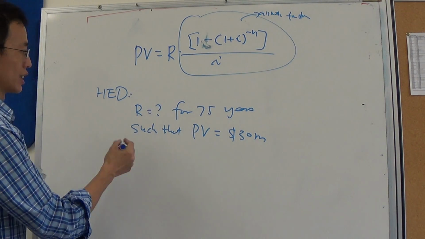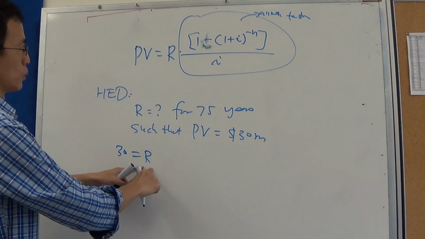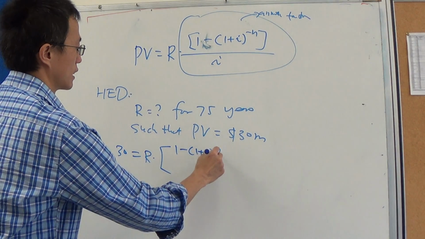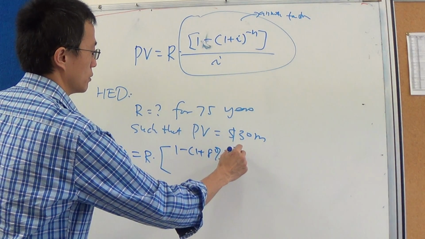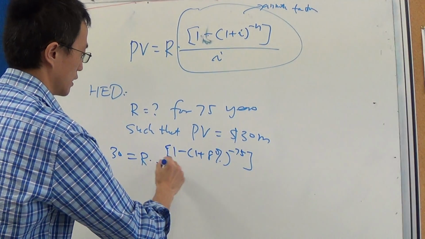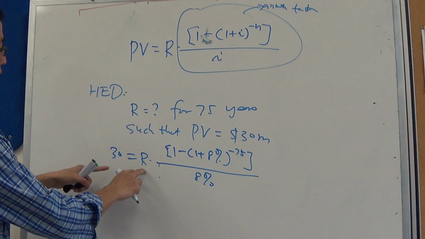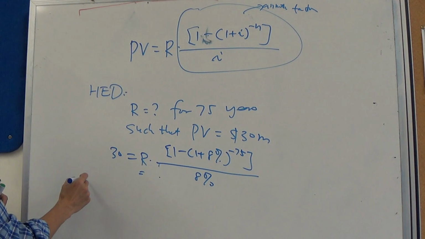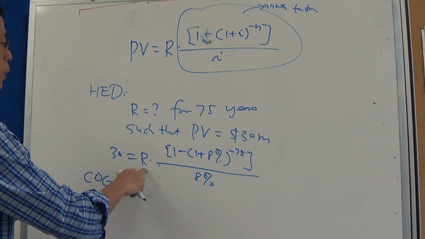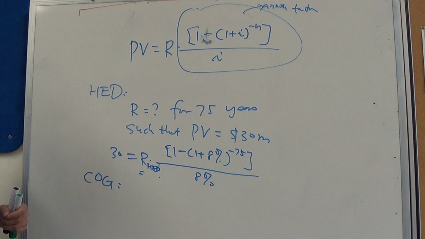Okay, it's easy to calculate, right? So 30 million is equal to R, which we want to figure out, multiplied by 1 minus (1 plus 8%) to the power of 75, divided by 8%. And we can figure out what R is. So R is just 30 divided by this. Similarly, for the cogeneration project, what is the associated annuity?